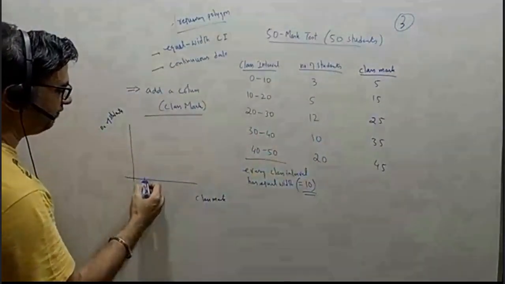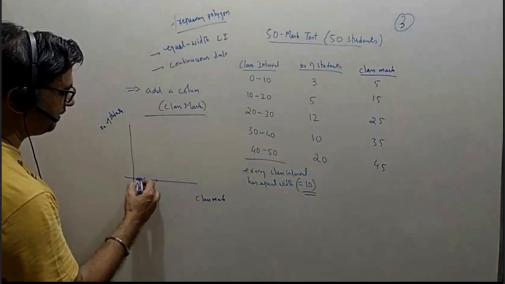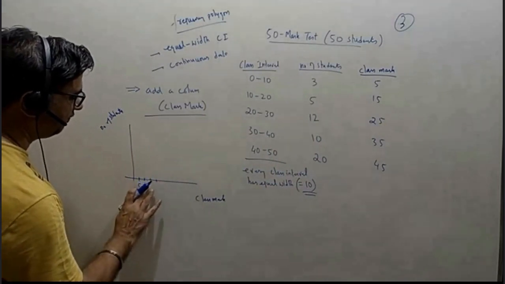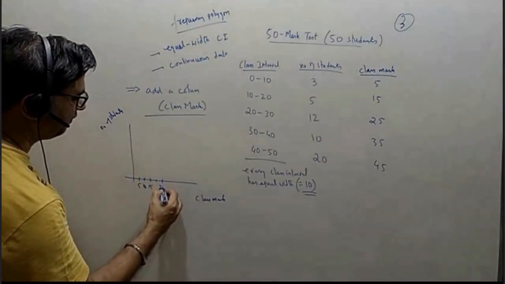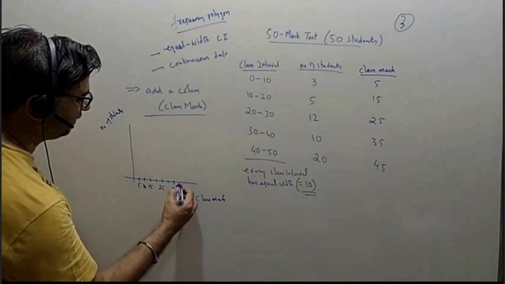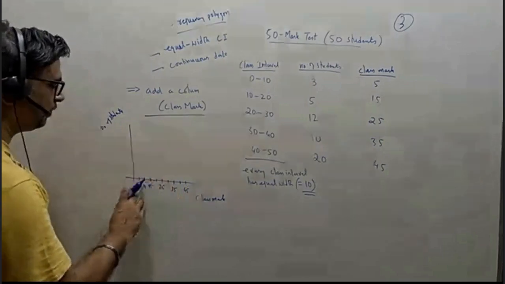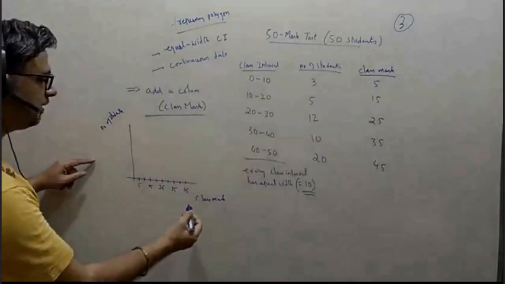Class mark. And let us represent this on the x-axis. So we have 5. And this is 10. So let me do it a little carefully. 5, otherwise I'll run out of space. This is 5, 10. So this is 15, 25, 35, 45. Very, very important, folks. I'm going to tell you something very important. People miss out on this. So just pay attention.